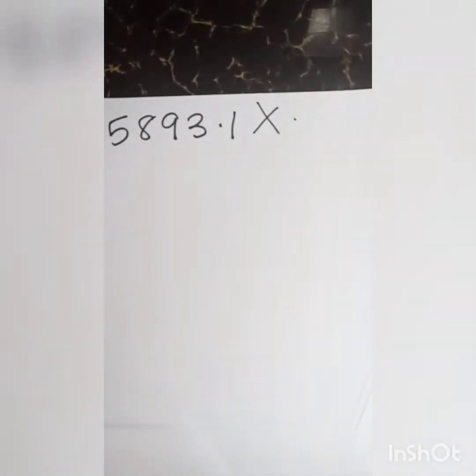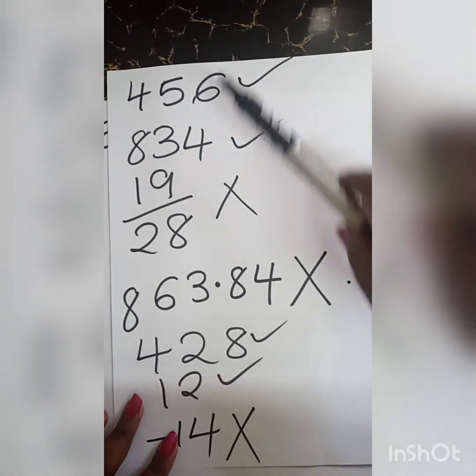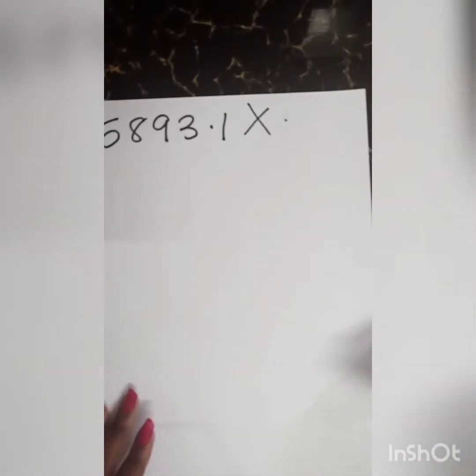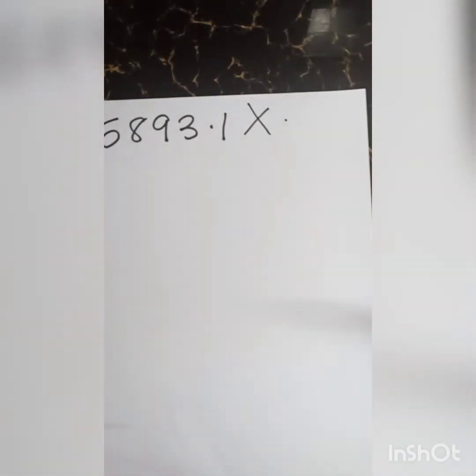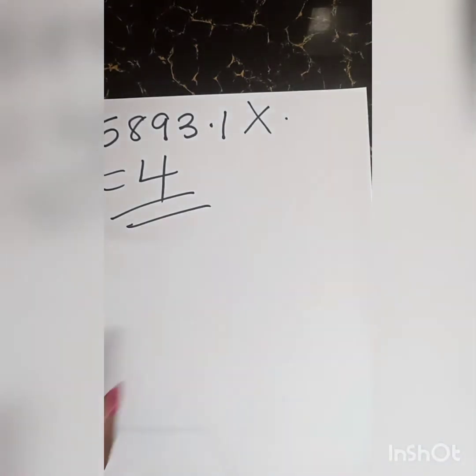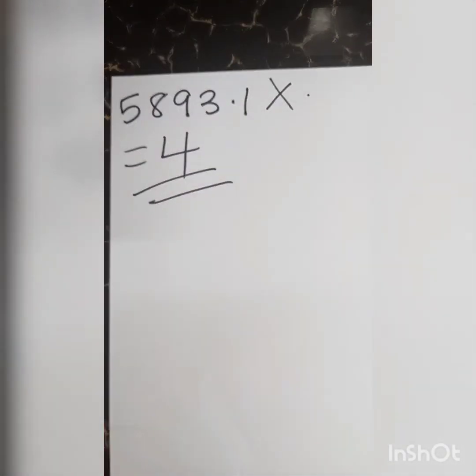Let's count together, 1, 2, 3, 4, okay? So we have 4 natural numbers in this list, okay? Yes, and that is the answer to that question.